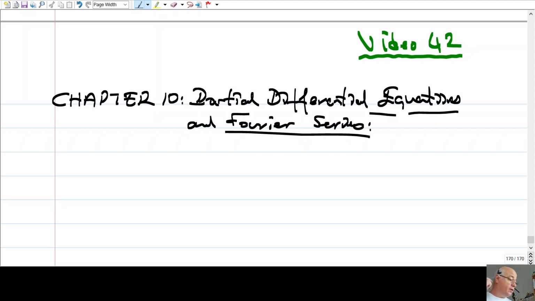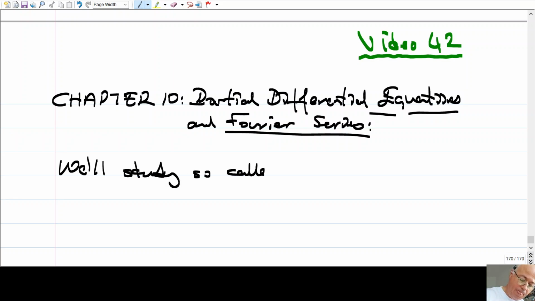We will cover basically two types of equations. We will study the so-called heat equation and wave equation.